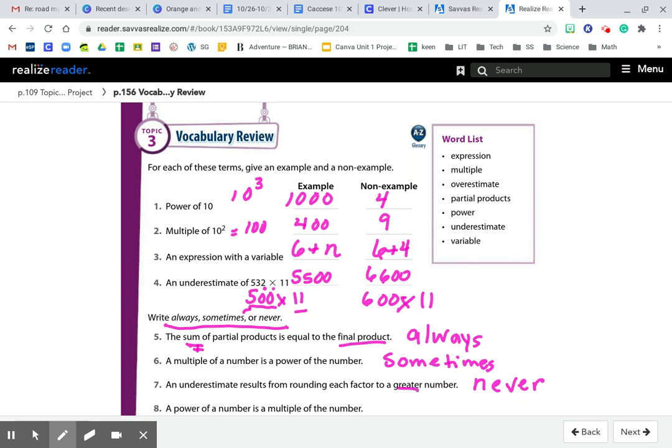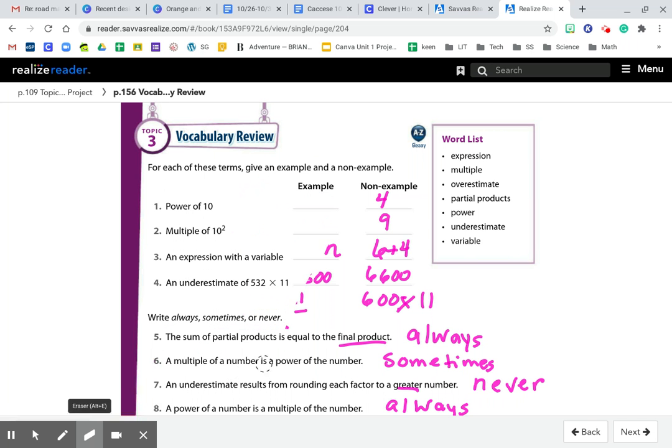And a power of a number is a multiple of the number, always. So it's an opposite of this one here. So the multiple of a number is the power of the number? No, the power of the number is the multiple of the number. So that was just like a word reversal there. Those are tricky.